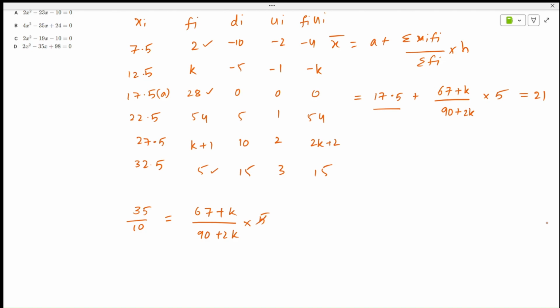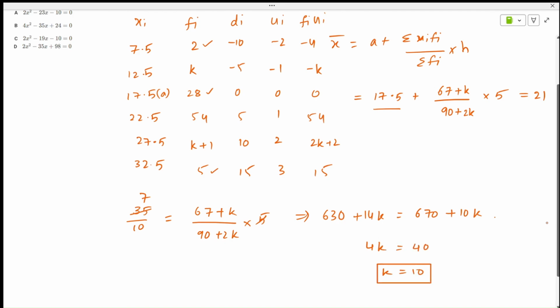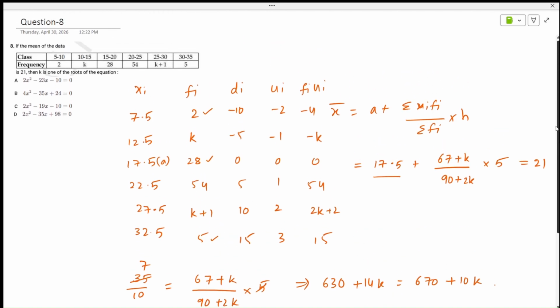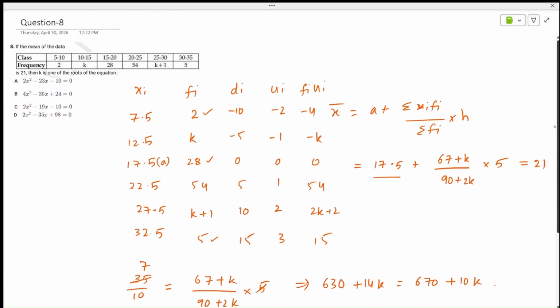So 5 ones, 5 sevens. If we cross multiply, we'll get 63 plus 15k is equal to 670 plus 10k. So 4k is equal to 40 and k is equal to 10. So k is 10 and one of these equations should satisfy 10.